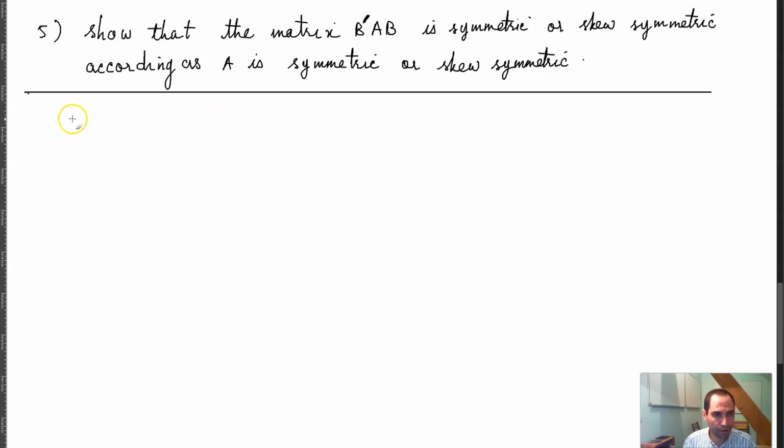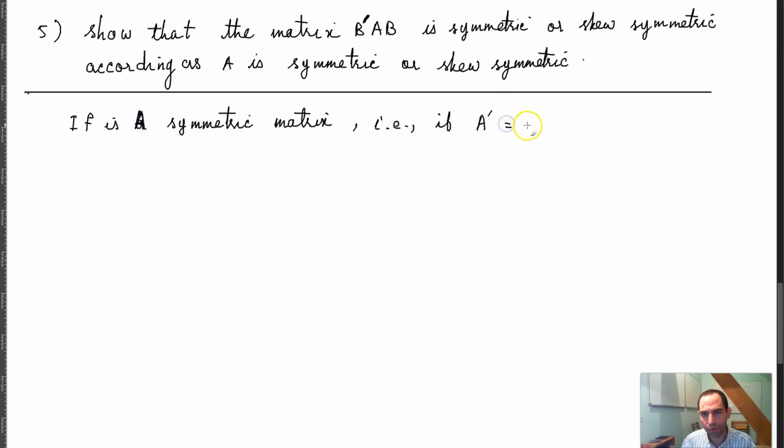Okay, now if A is a symmetric function, I'm sorry, not function, symmetric matrix, meaning that A prime is equal to A, we have B prime AB.